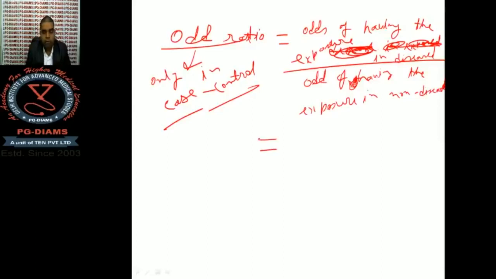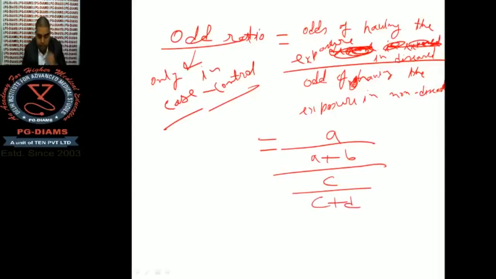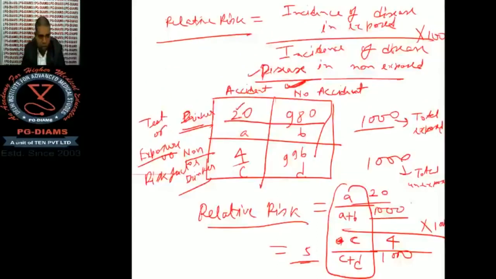And the formula for this will be similar to relative risk, A by A plus B divided by C by C plus D. Simple. But what happens in odds ratio is, if you see in this example, A and C are negligible compared to B and D, because B and D are very big, and A and C are very small.